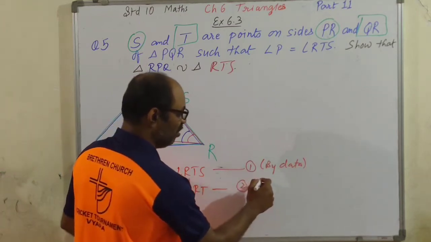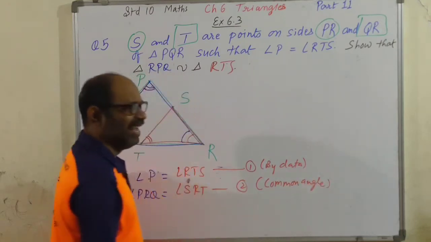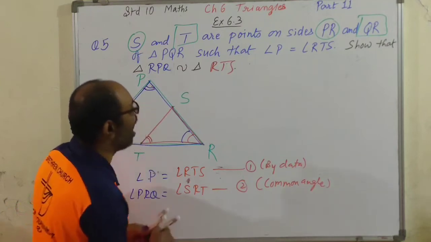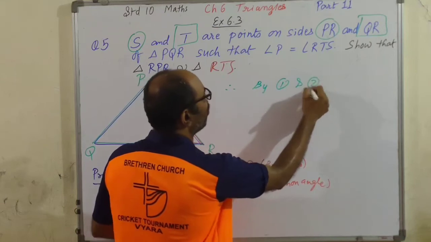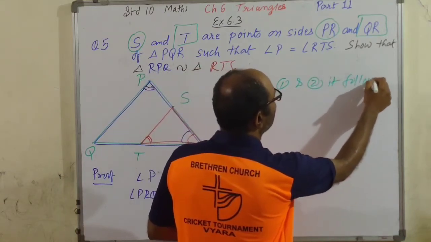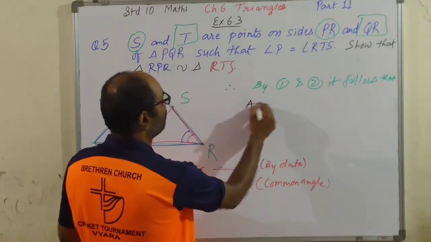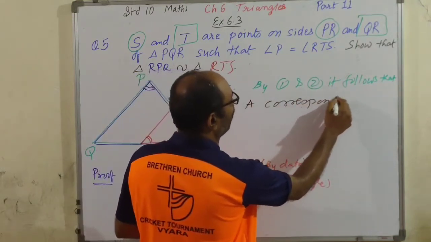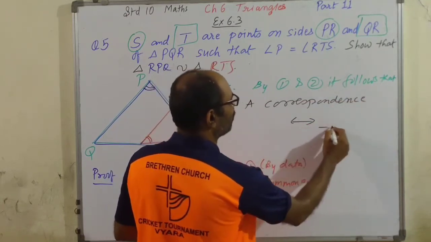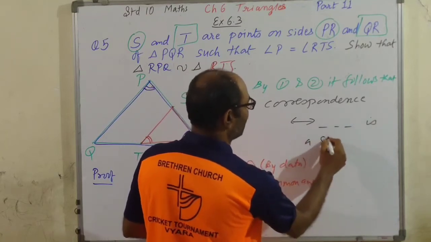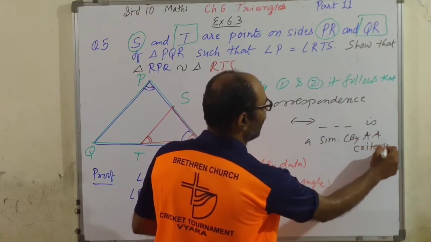Result to common angle. Common angle. Finished. AA is satisfied. Therefore, by 1 and 2, it follows that a correspondence, dash corresponds to dash, dash, dash, is a similarity by AA criterion.